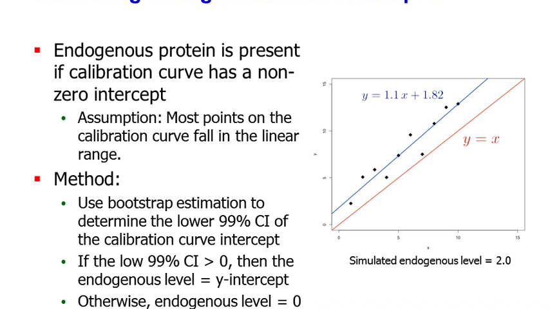The principle is illustrated here with simulated data. So the red line is the ideal line. And if there was an endogenous level of 2.0, I just randomly generated some data, and this is the line you would get. And here you can see that this says the endogenous level is 1.82, which is reasonably close to 2.